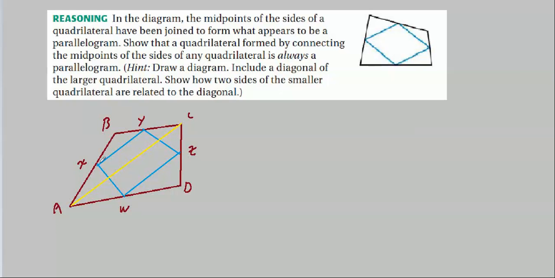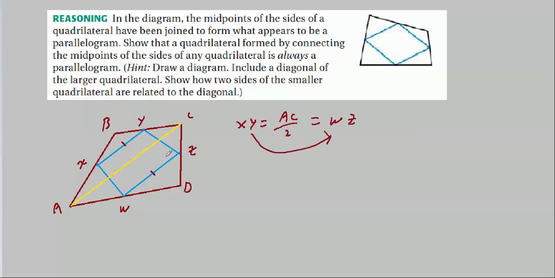So we've got that XY equals AC over 2. But that's also what WZ was. That was half of AC also. Well, that means XY equals WZ. So let's put our little hash marks in there.